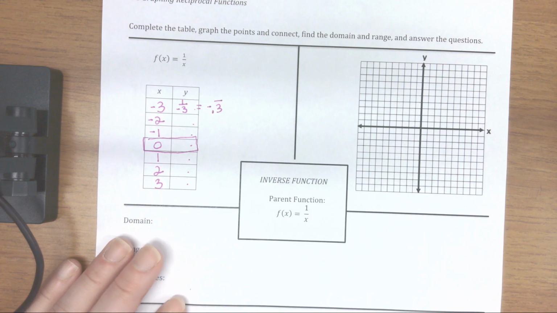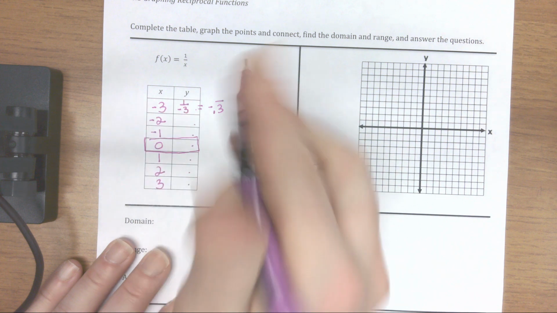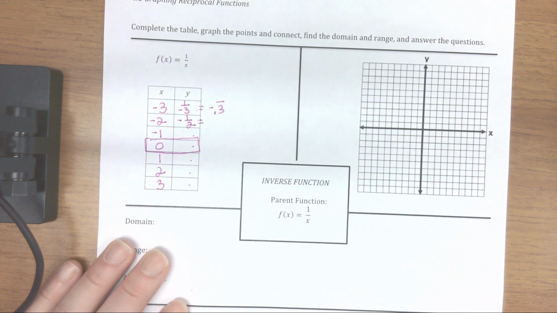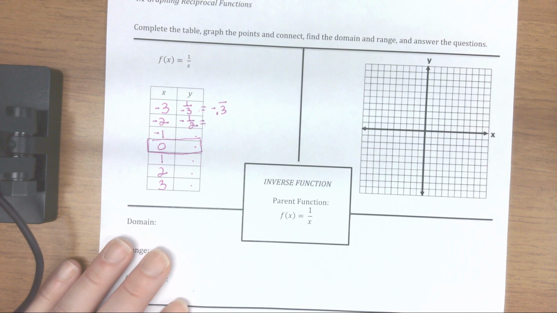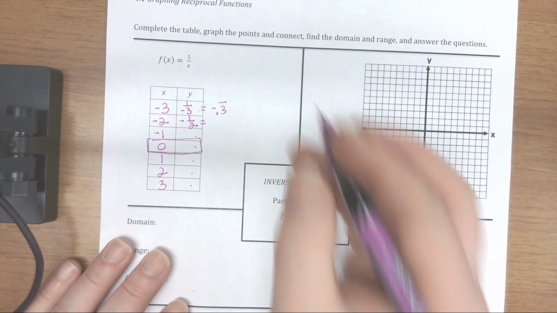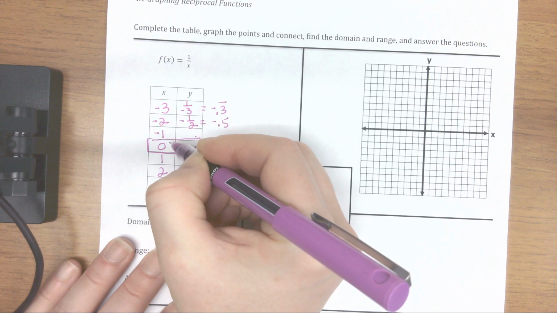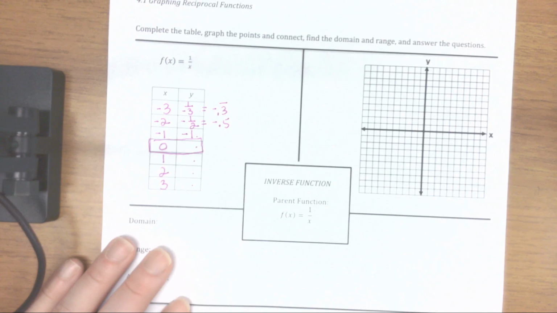All right, so now we're going to go to the next one. -2 is -1/2. Okay, we better get this one right. What's that as a decimal? -0.5. All right. 1 divided by -1. 1 divided by -1 is just -1.